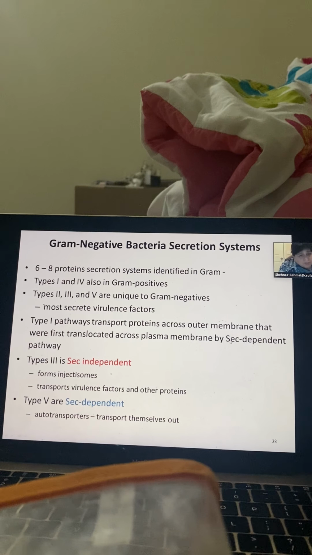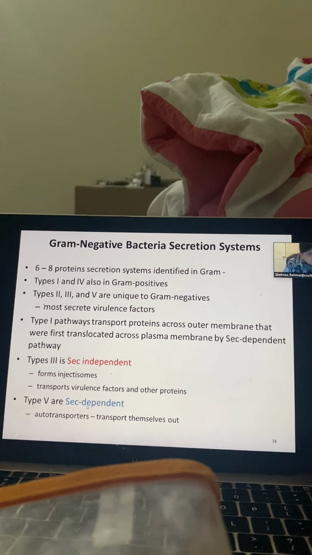So type 1 works with the SEC pathway. Type 3 is a SEC-independent pathway where SEC is not used, but they form injectosomes, and we'll look at this very soon. And it also transports, as we said, virulence factors that are released by these.